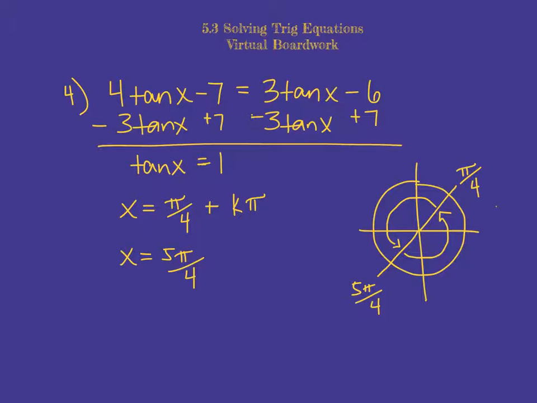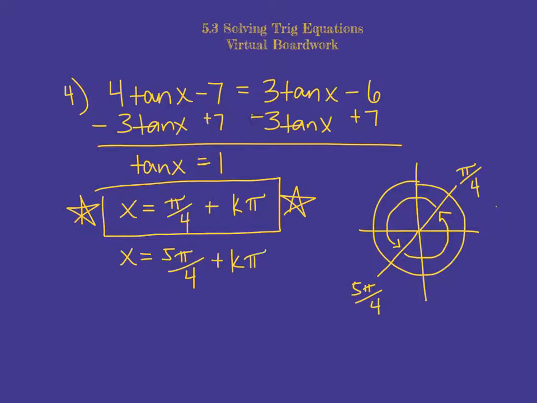So really, we only need this to be our answer because it includes 5 pi over 4. If you wrote both of them out, that's fine too. So again, this is a sufficient answer. It's actually the best one. But you could also include both of these and still be fine. But technically, this encompasses this. So this is really all you need.